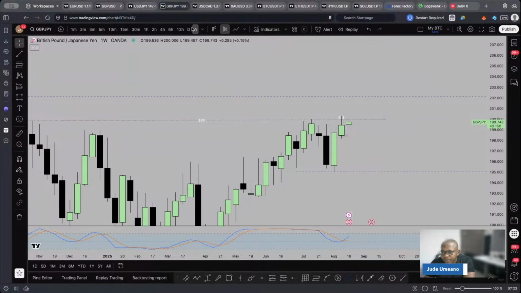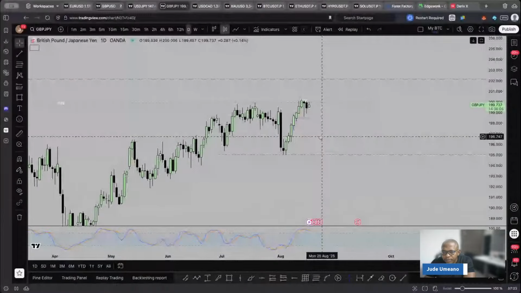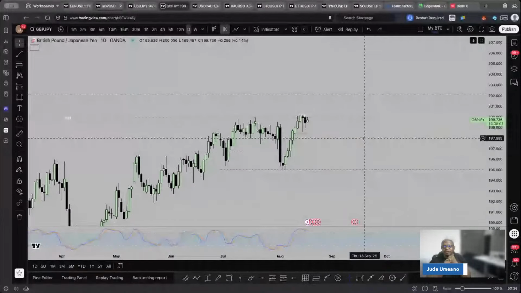On the daily time frame, what do we have? Now, for those who are just attending my lives, what I like to mark out in trading is the market structure.